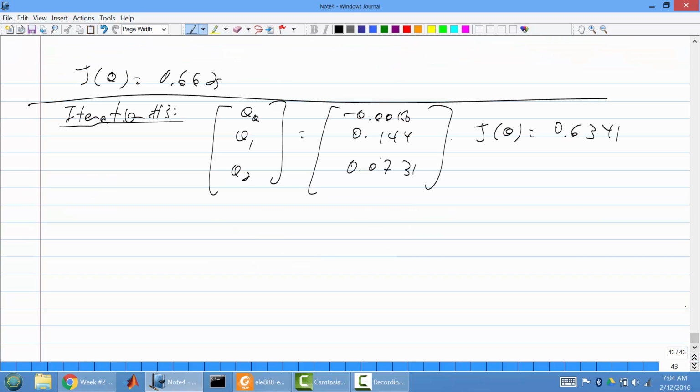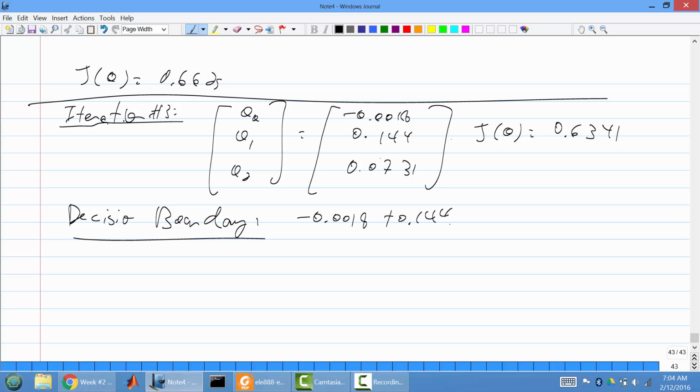Okay, so the decision boundary that is generated by this is simply minus 0.0018 plus 0.144x1 plus 0.0731x2. Right? So what we can do is set this equal to 0.